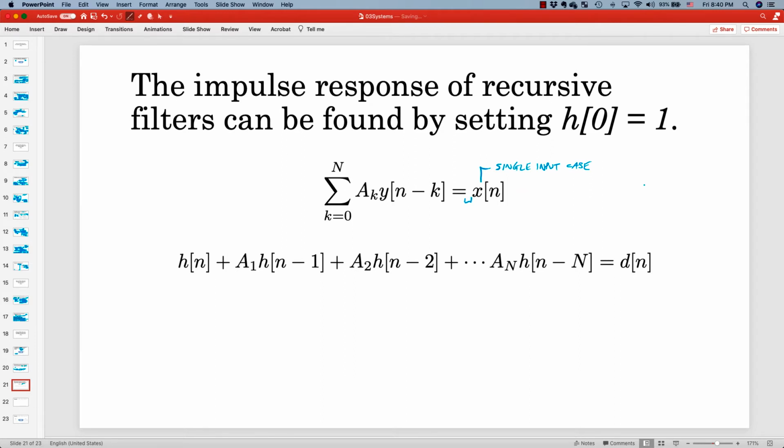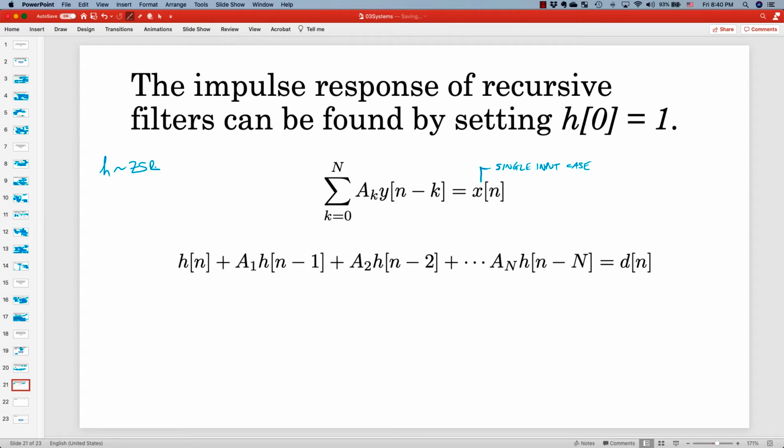But for starters, let's just do x of n here. The other observation is that the impulse response ought to be a zero-state response, right? Because it's the output due to a relaxed system. So that should tell us h ought to look like a ZSR.